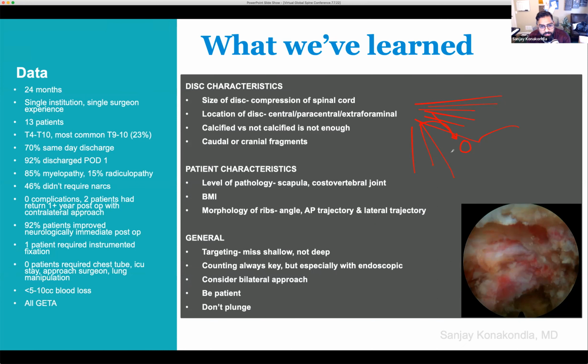If it's central calcified but the patient's only complaining of radiculopathy, maybe you can offer them an endoscopic procedure to clear out that foramen and help them with their picture clinically without having a goal of resecting the whole disc. So I think it really can be tailored. You make those considerations as you go. If it's broad base and you really need a complete discectomy there, then you consider bilateral.